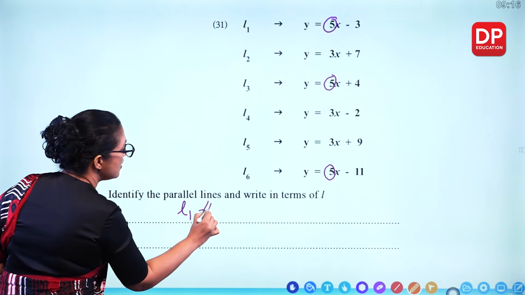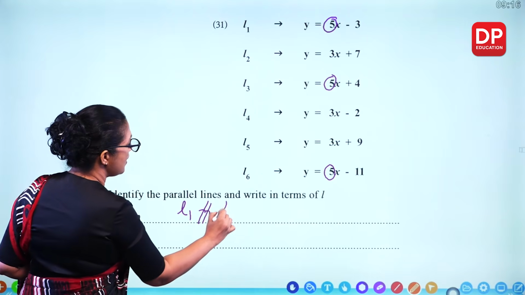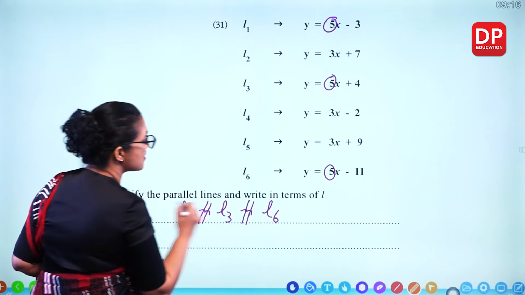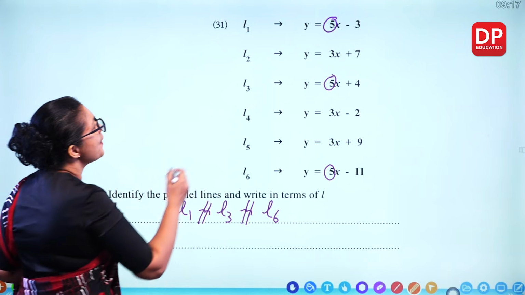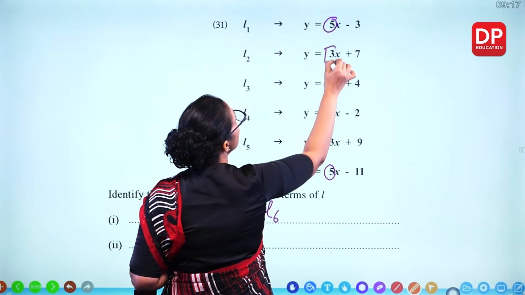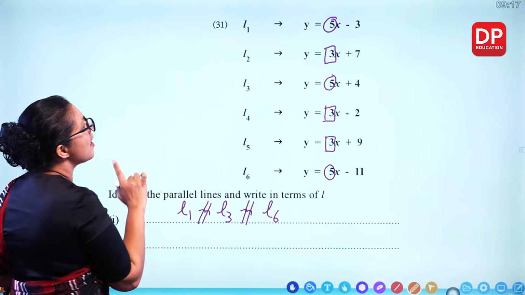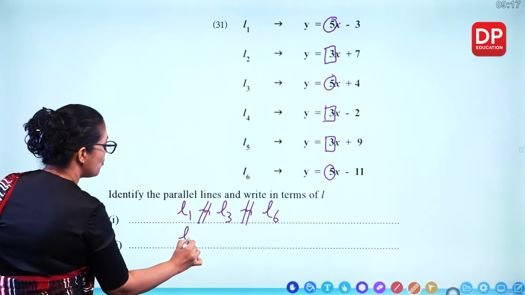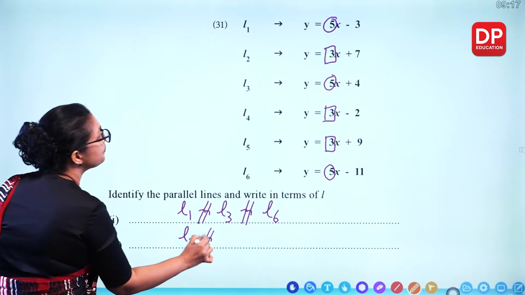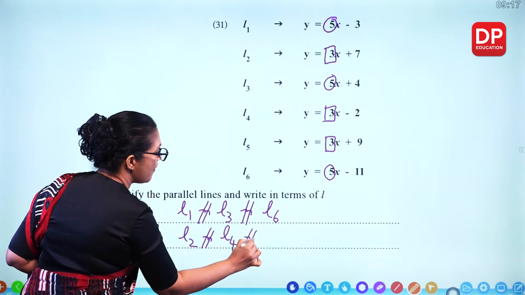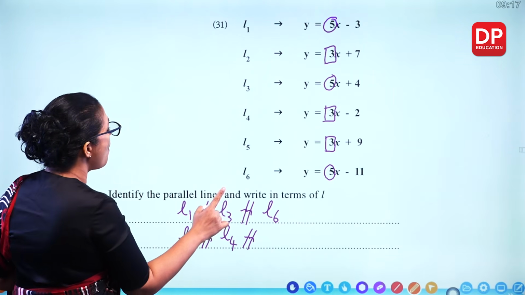L1 is parallel to L3 is parallel to L6. Now here, these ones, 3, 3, 3. Now these 3 are parallel. L2 parallel to L4 and it's parallel to L5.